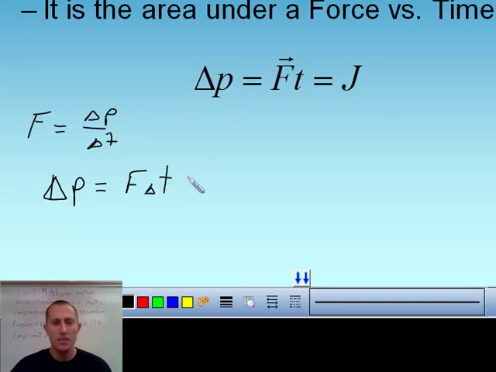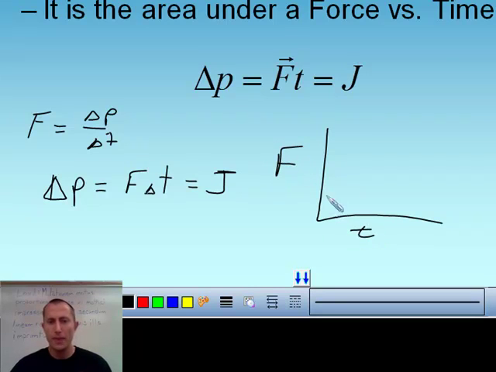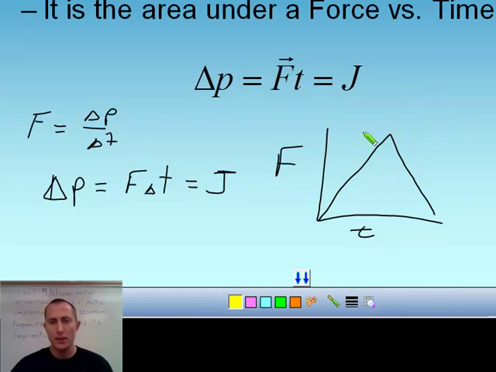So F delta t, this is impulse, which is our J. And so force times time, if we're looking at a force-time graph, the area under a force-time graph is our impulse. So this area right here under F-t, that is our impulse, that is our change in momentum.